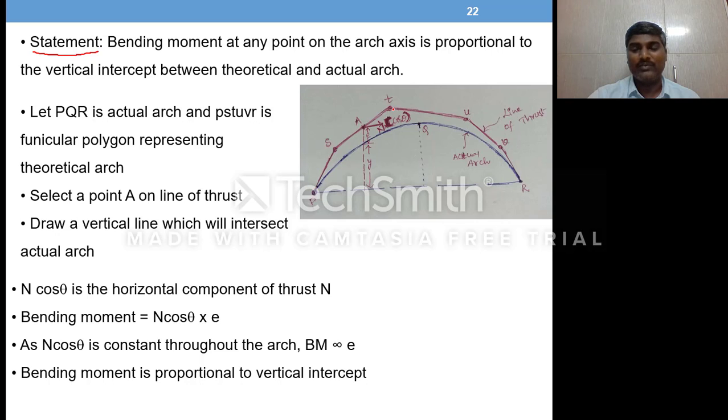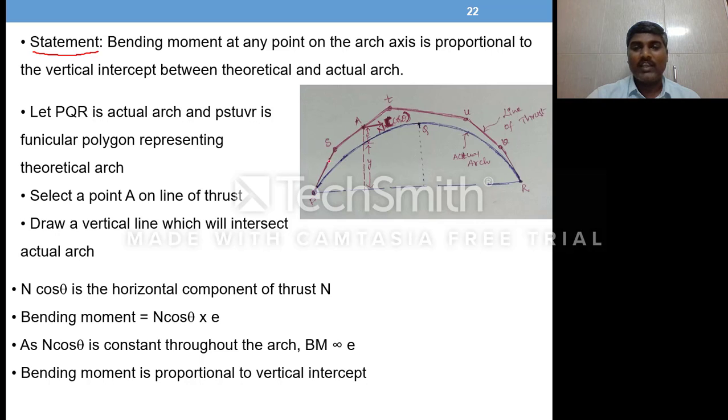Compressive force values are obtained by constructing the theoretical arch from the procedure we have seen earlier, and the value is nothing but the scale that you have already taken for drawing it. It is by graphical procedure that you constructed this by taking some scale. So maybe one centimeter is 10 newtons or something.